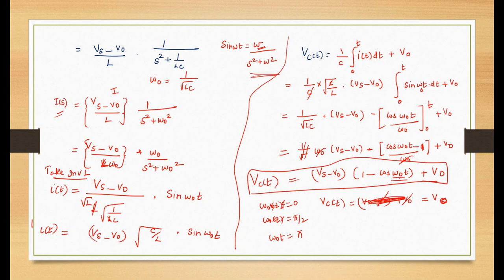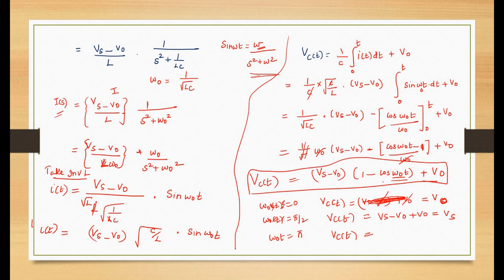The next, substitute pi by 2 here. So omega naught t is pi by 2, cos pi by 2 is 0. So Vc of t is Vs minus V0 plus V0, that is equal to Vs. Third case, Vc of t, apply omega naught t equal to pi. Cos pi equal to minus 1.